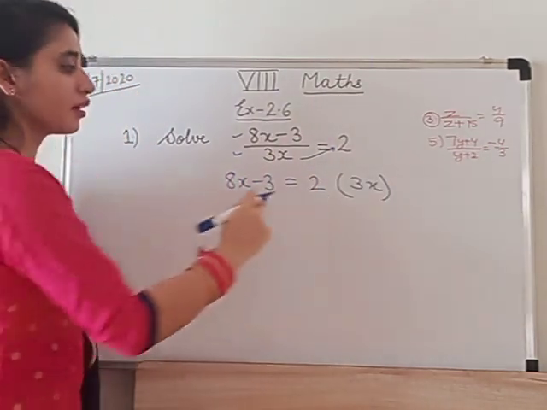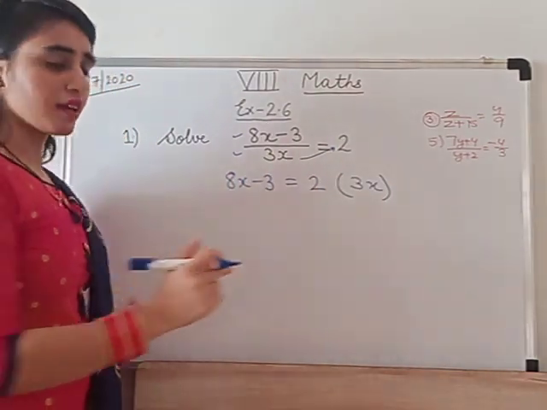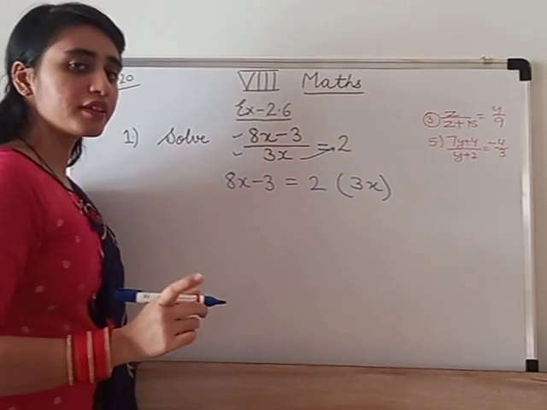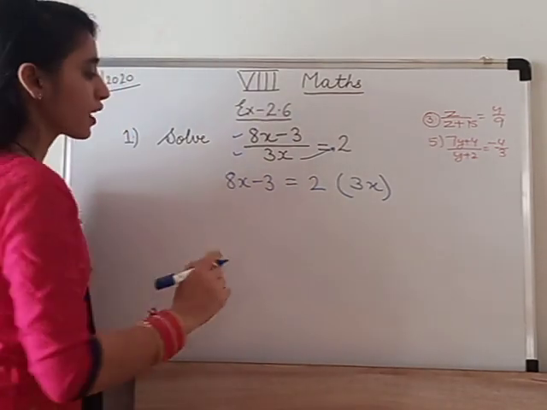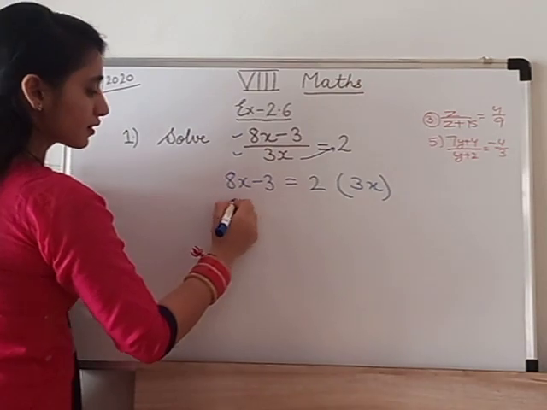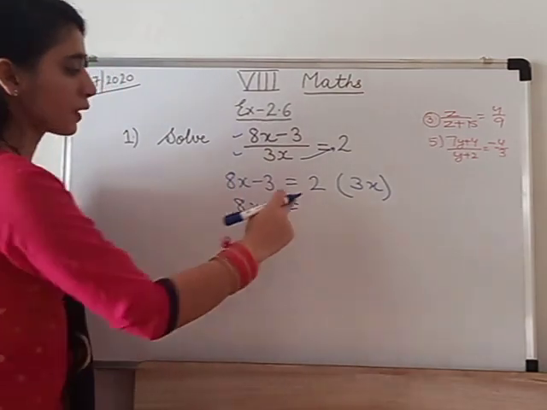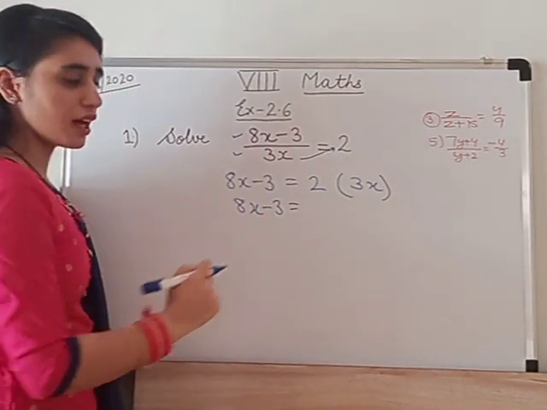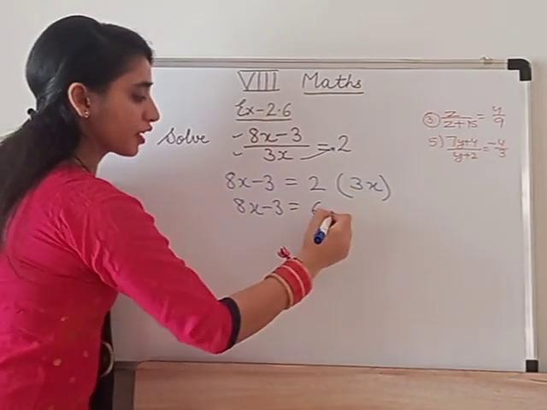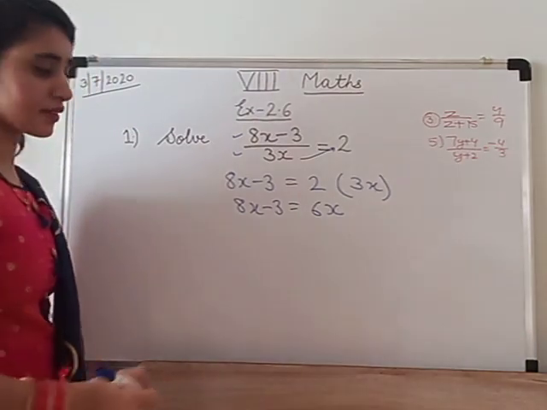You can write a multiplication sign here instead of these brackets also. Okay. Now start solving. 8x minus 3 is equal to 2 into 3. 2 threes are 6, and the variable is x.